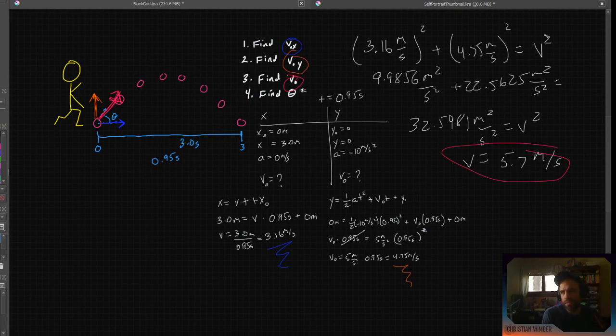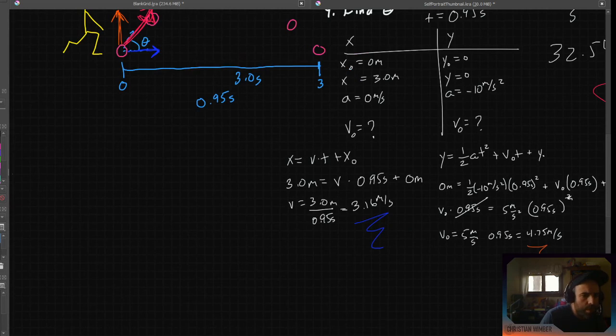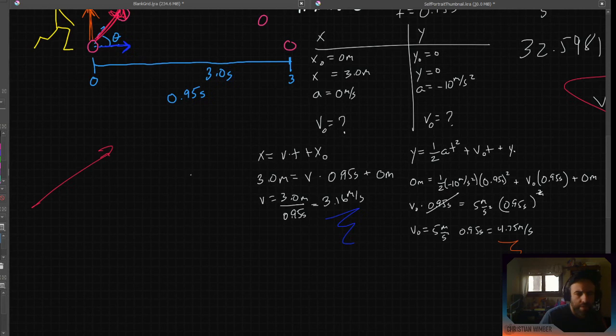All right, last but not least, I do want to find this angle. And again, this is not something that we've covered a ton in this class, but let's go ahead and lay this out. We know that our total velocity right here is equal to 5.7. Now that's in 3 parts. We have a horizontal part, which we know is 3.16 meters per second, and a vertical part, which is 4.75 meters per second.